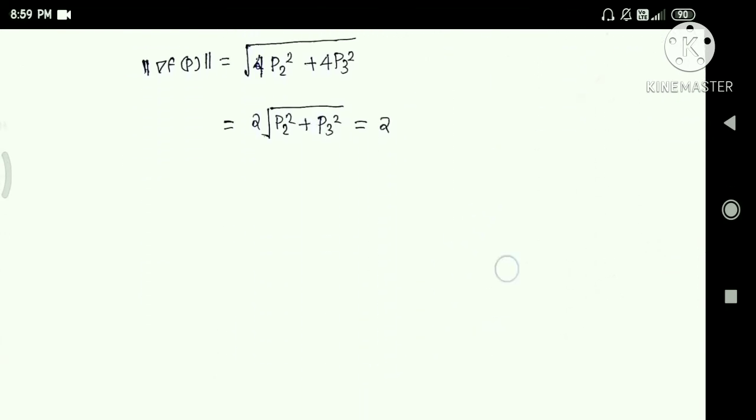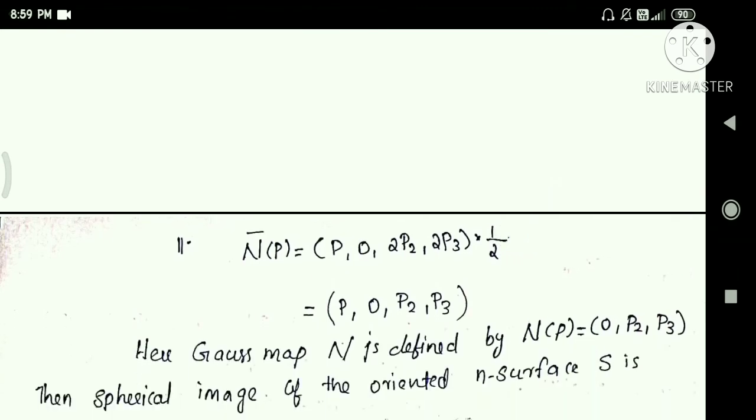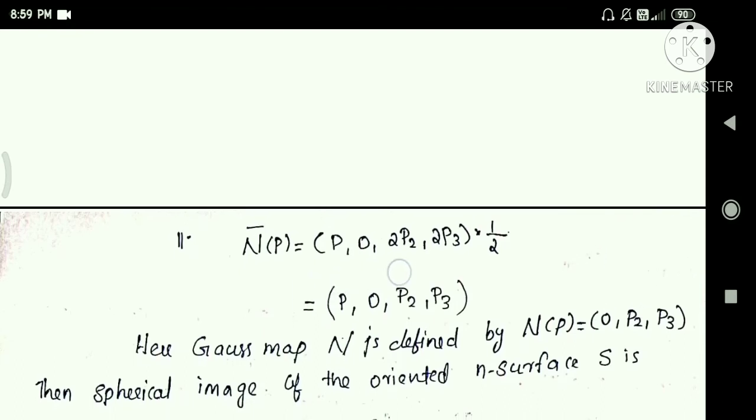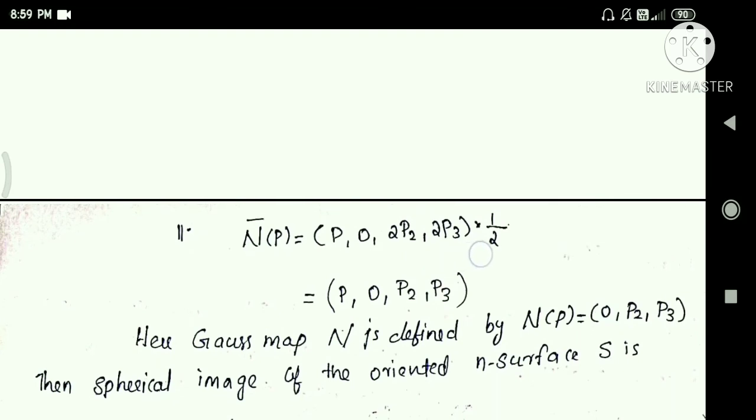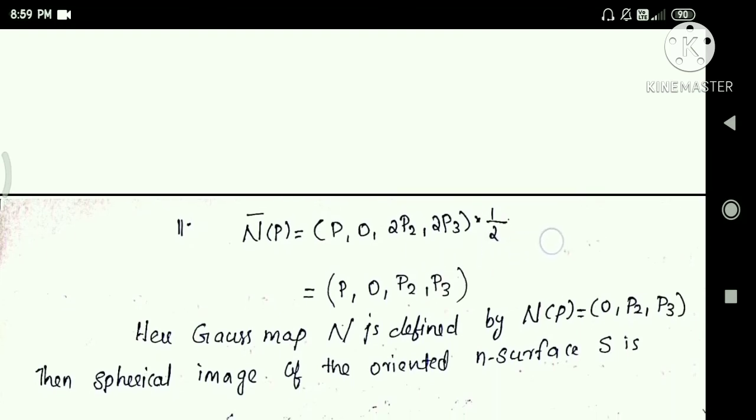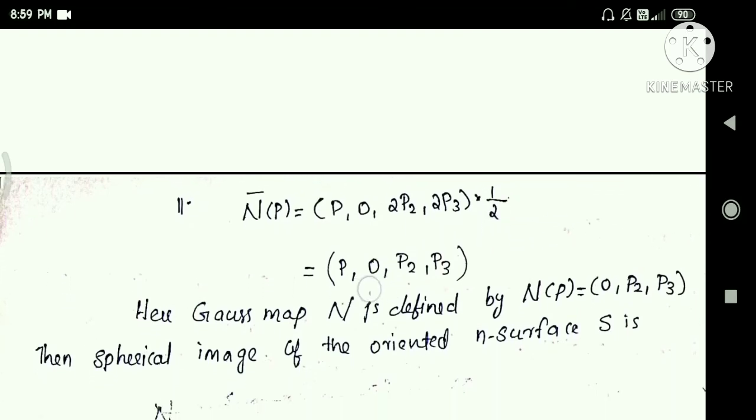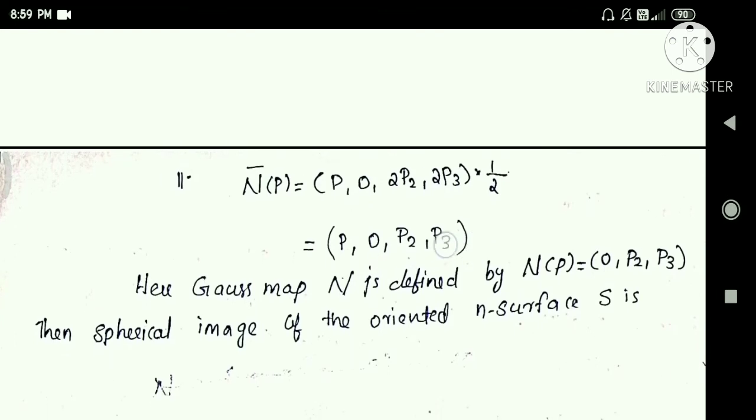So the smooth unit normal vector field N maps p onto the point (0, 2p2, 2p3)/2, which is equal to (0, p2, p3).